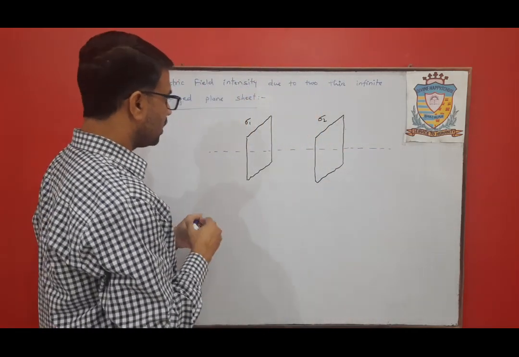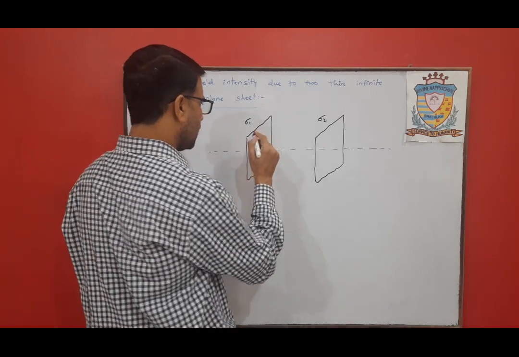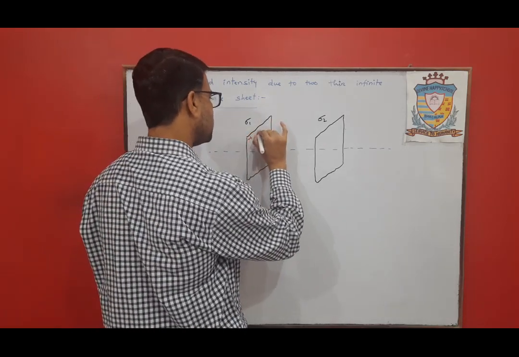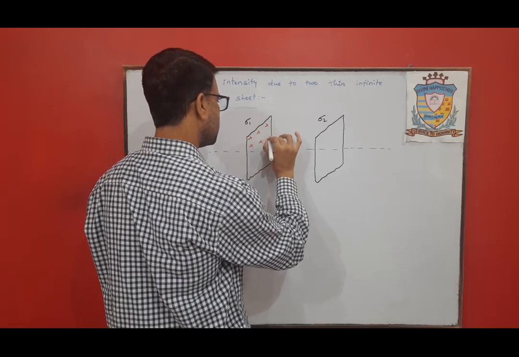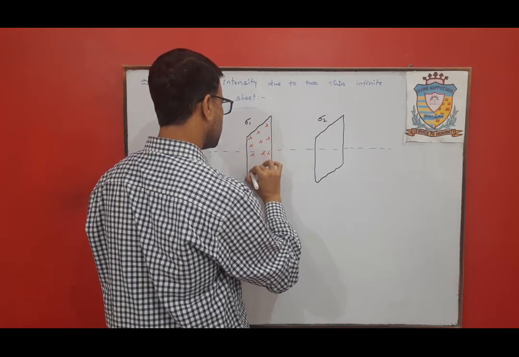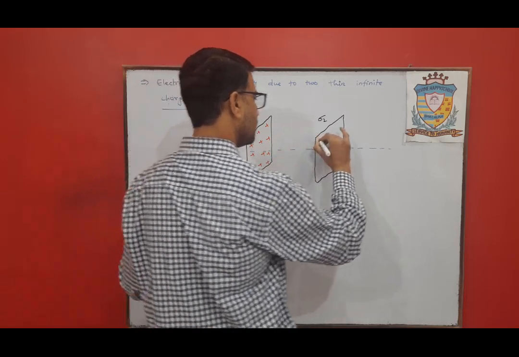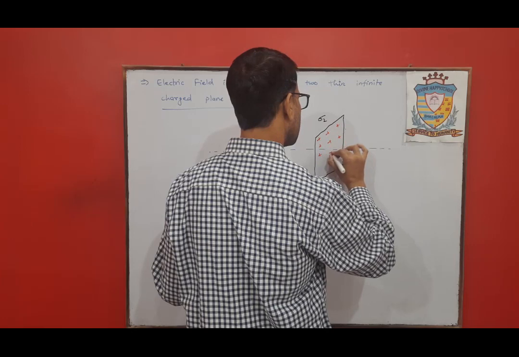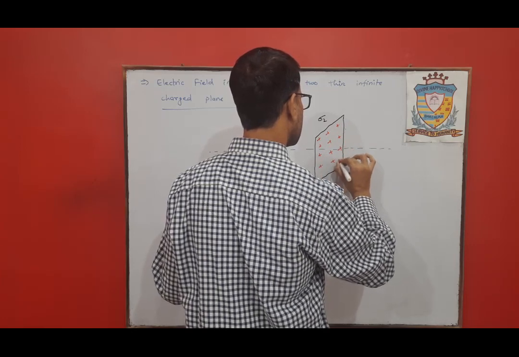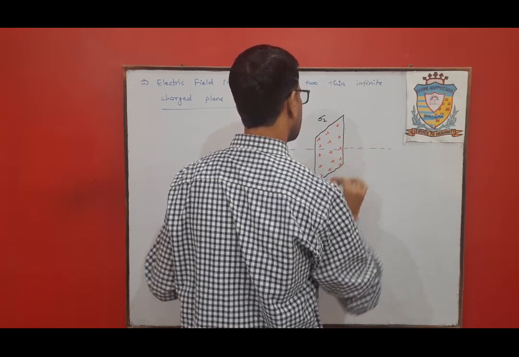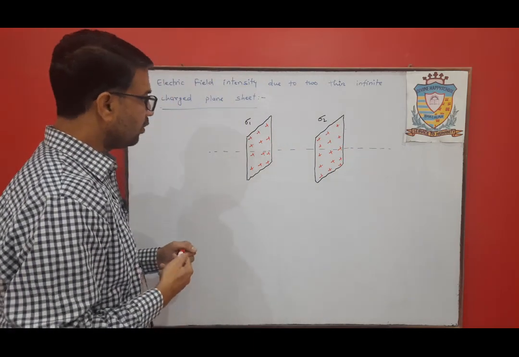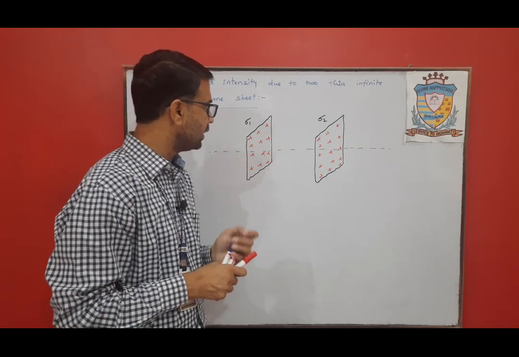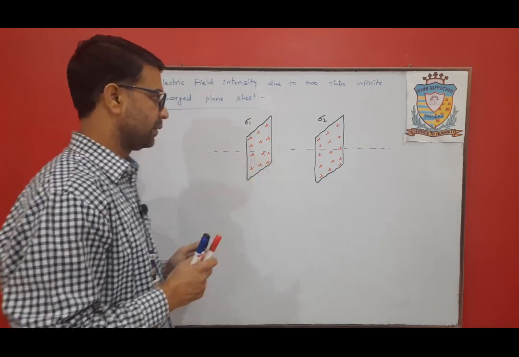Let these two plane sheets be positively charged. Now we have to calculate the total electric field intensity due to these two charge sheets.